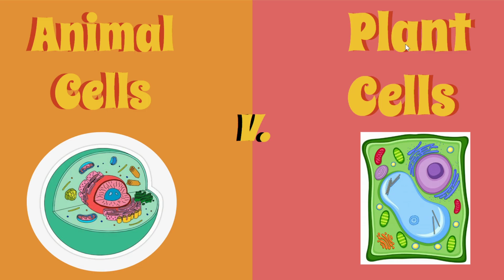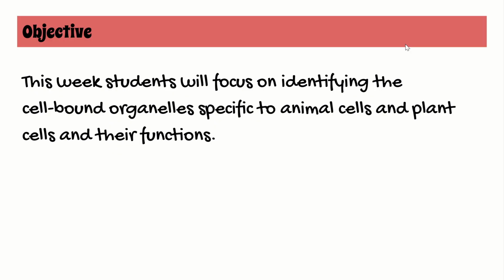It's just that they're usually compared and contrasted because they're very similar, but there are differences between the two, which we will get into today. Okay, so our objective for this week is that the students will focus on identifying the cell-bound organelles specific to animal cells and plant cells and their functions.